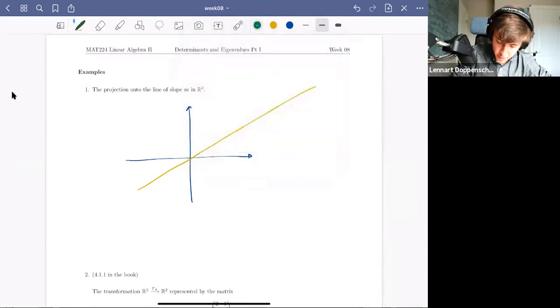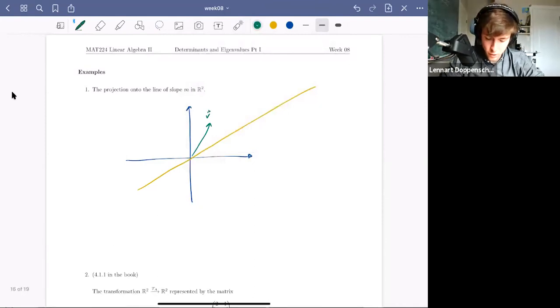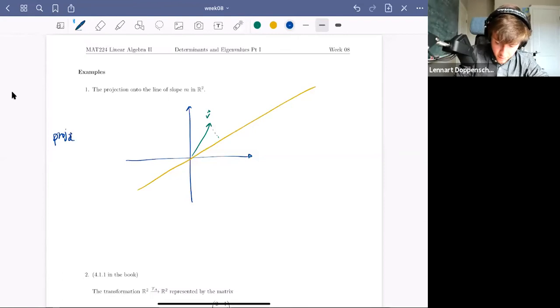But then let's say that there's a vector v, and you want to project this onto this line. So you take this, you compute the projection. There's a formula for the projection onto the line with direction vector d of a vector v, given by the dot product of v and d over d dot d, times d.